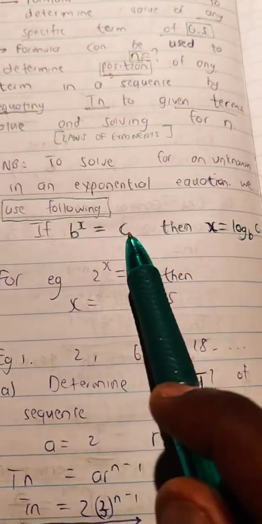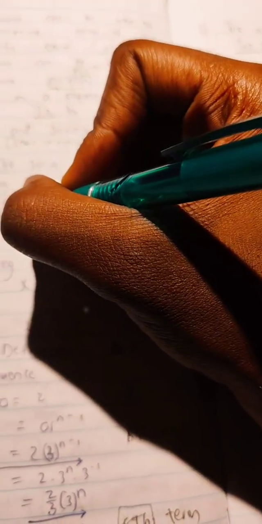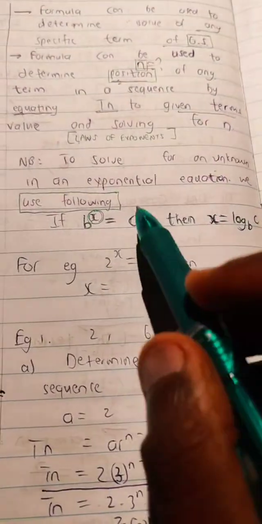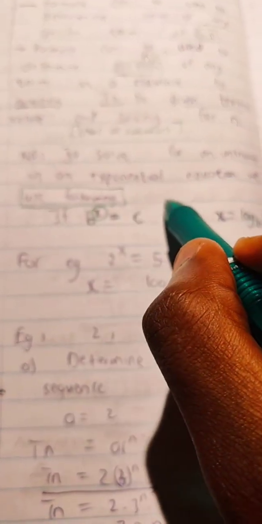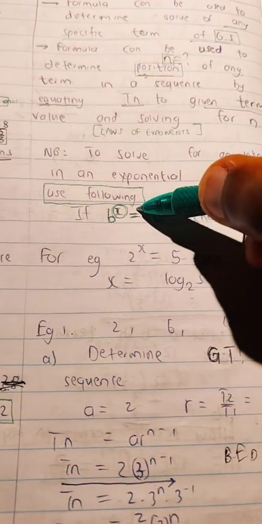If b to the power x is equal to c, then do you see this exponent x? There it is. It is the subject of what I want to solve for.